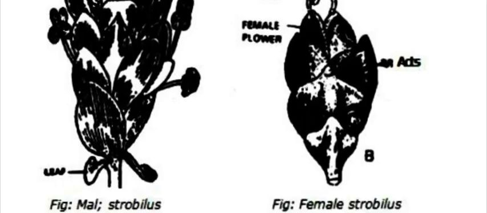Now this diagram also shows the male and female strobili. This is the male strobilus, male cone, on which the bracts are produced in pairs, and in the axils of these bracts the microsporophylls are produced, and at the terminal end of these microsporophylls microsporangia are produced in groups, and this structure resembles the structure of the stamen in the angiosperm flower.